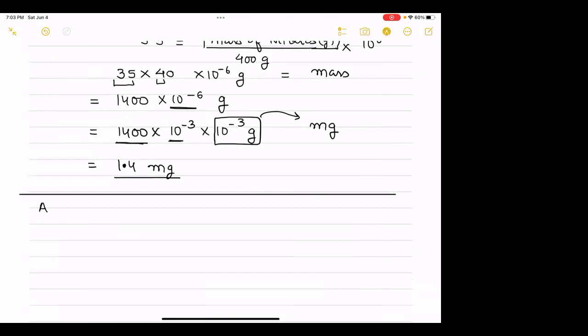A liquid mixture of gases. Okay, actually you liquefy gases, and that liquid mixture of gases has oxygen, and it has 32% of oxygen by mass. Okay, and it is having methane, liquid methane, CH4.